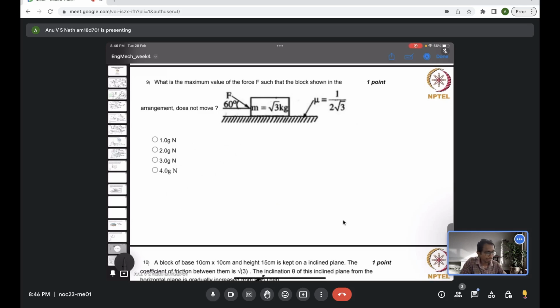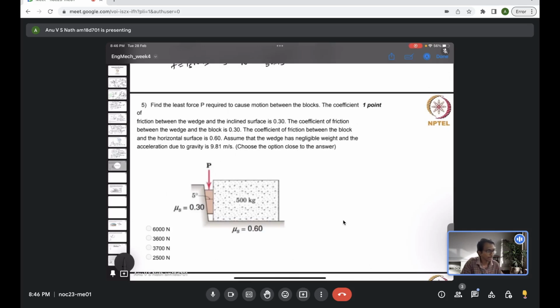Now another problem. This is a little involved, but you can still solve it. You have two bodies, let me call them A and B. You have to draw a free body diagram of A and a free body diagram of B. A has an inclined contact with the outer surface, and A also has a contact with B. B has again a contact with A and another contact with the outer surface.